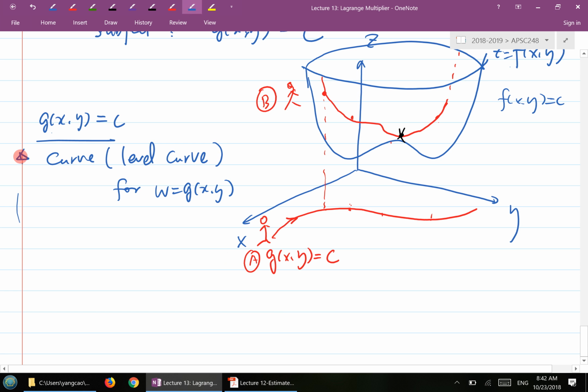Okay, that's number one. And second of all, given the function g of x, y, I can calculate the gradient del g.